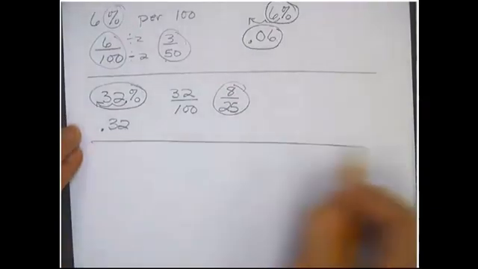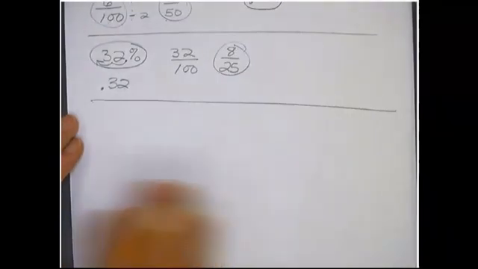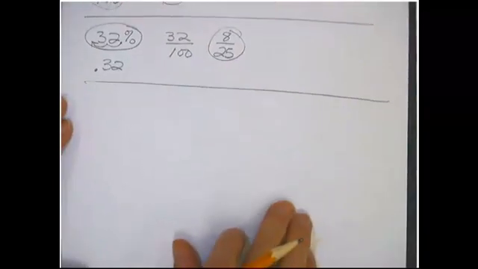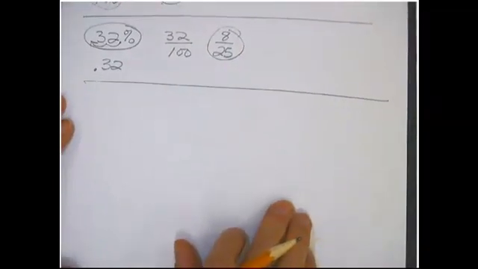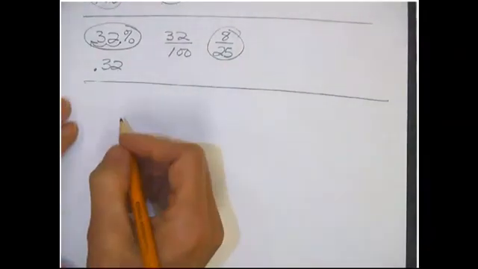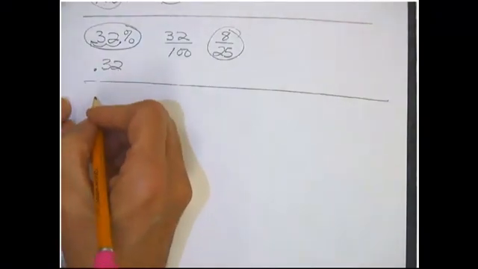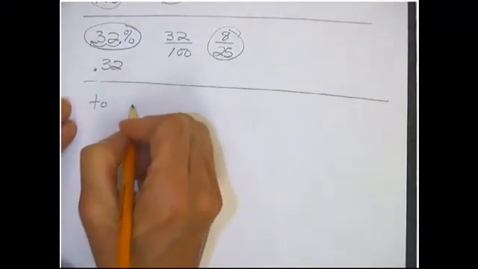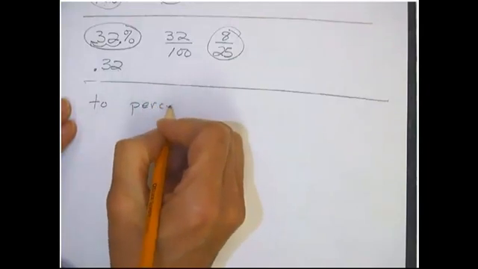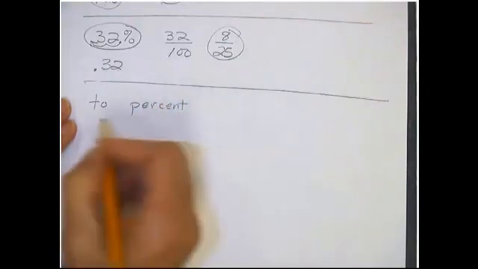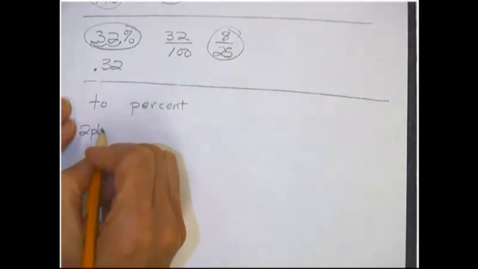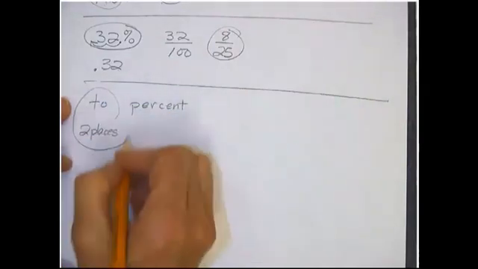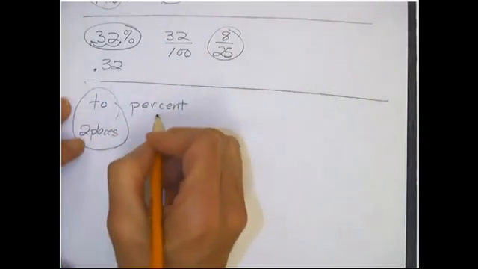Sometimes students get confused with which way to move that decimal, especially if they're dealing with very unique types of percents. One way that you can remember is a play on words. If you're moving to a percent, in other words you have a decimal and you're going to a percent, you're going to go 2 places to the right.